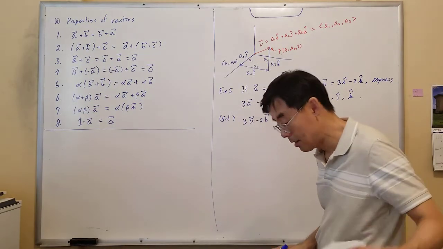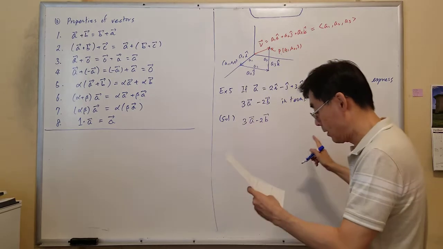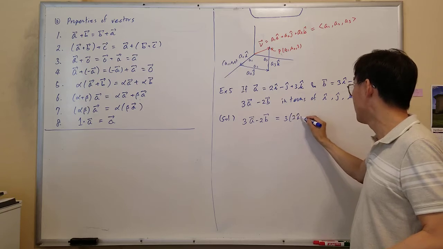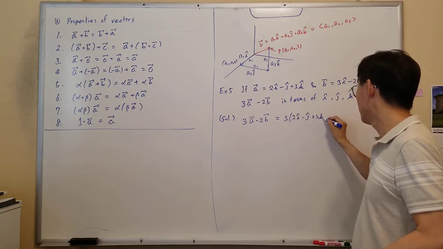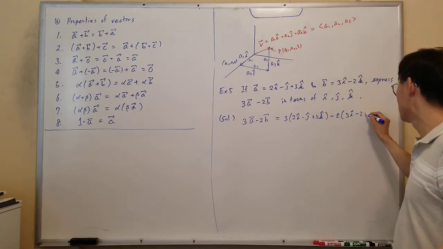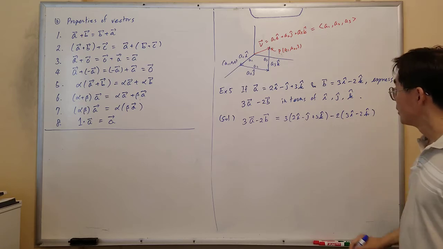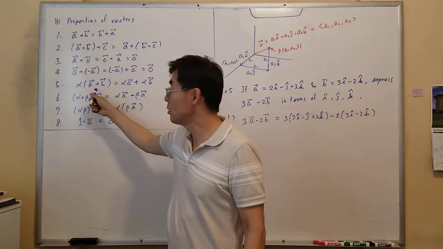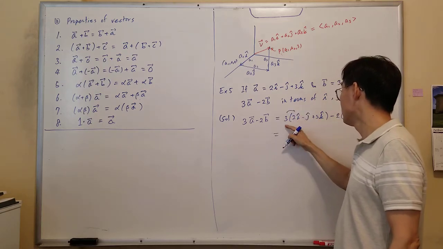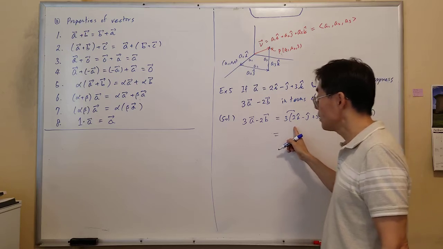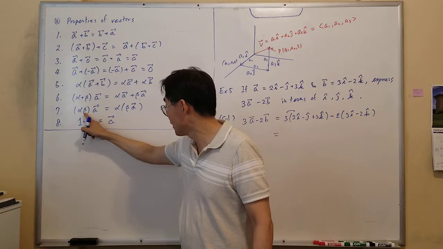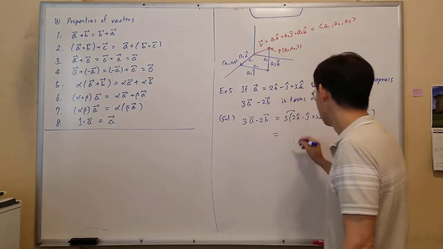Okay. And here, let's go back to this. So, 3 times (2i hat minus j hat plus 3k hat) minus 2 times (3i hat minus 2k hat). Using this distributive property, 3 times this, and then 3 times 2i is 3 times 2 times i, so 6i.